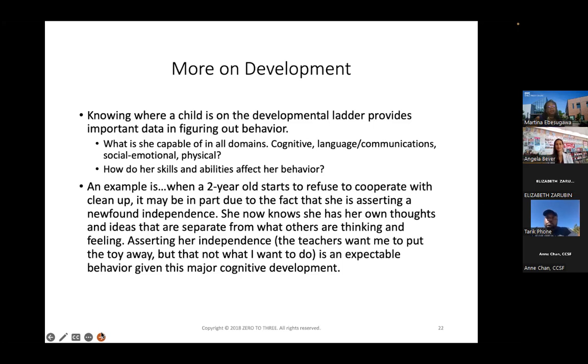And so it's really important for us to understand that when we're supporting children who are older, who are not exhibiting their behaviors according to the development, that we ask ourselves why, and that we go back to our infant learning foundations, our preschool learning foundations, to help us think about how we can support them. So this is just one example of a 2-year-old, how it's appropriate for them to have autonomy and say no, but it's not appropriate for a 6-year-old.